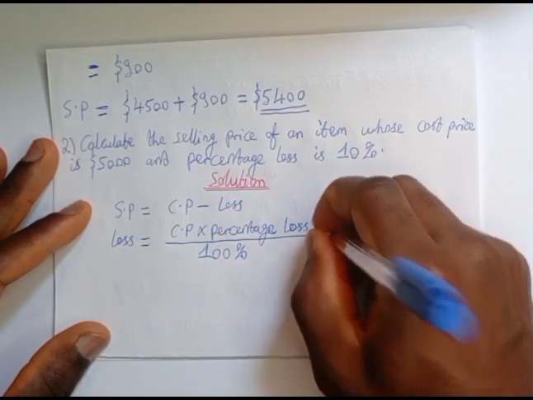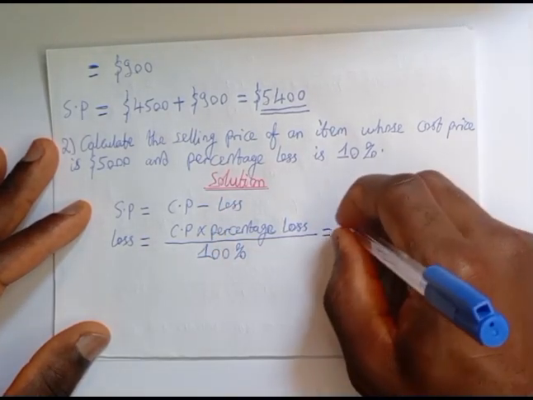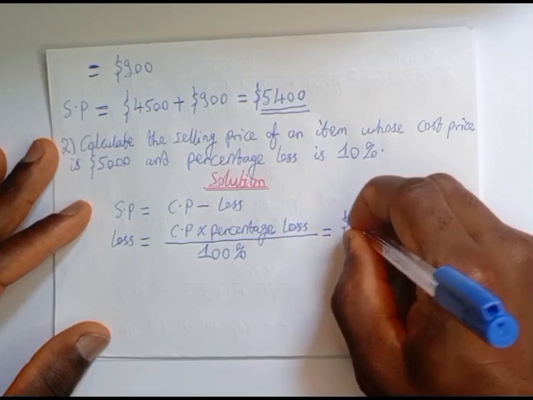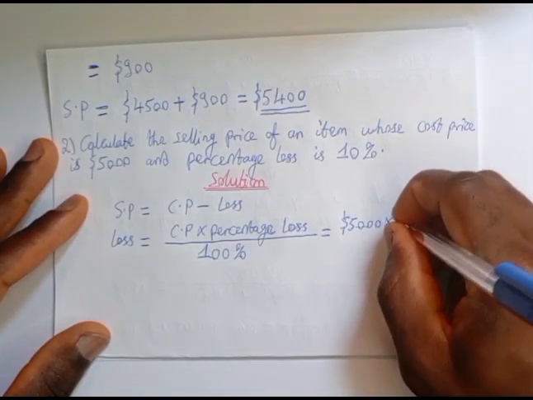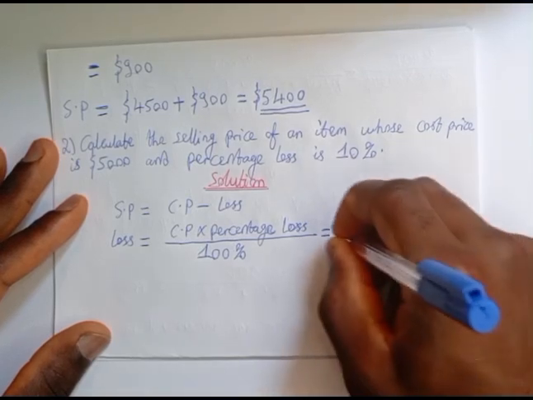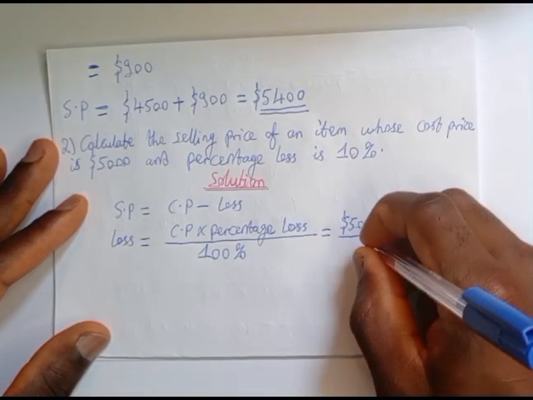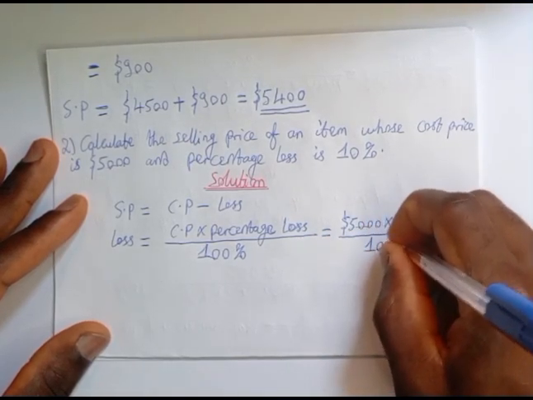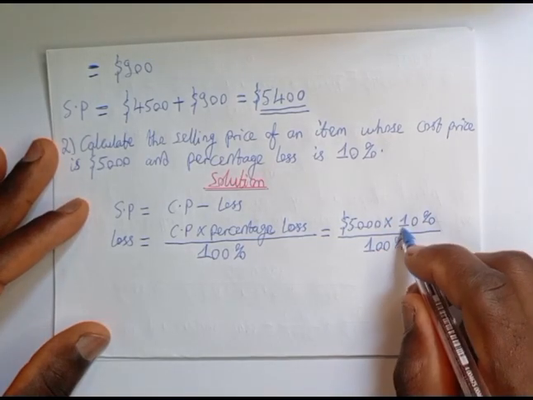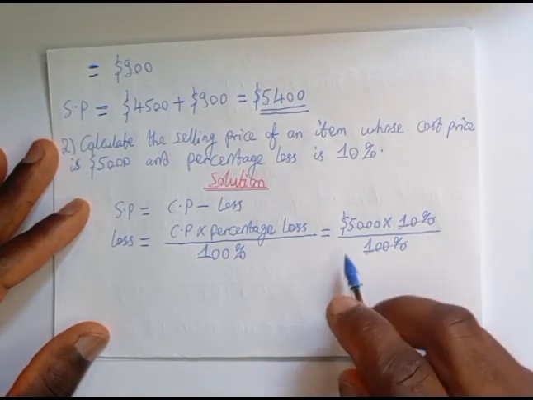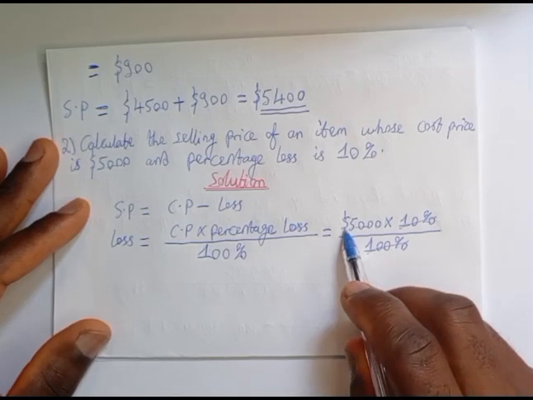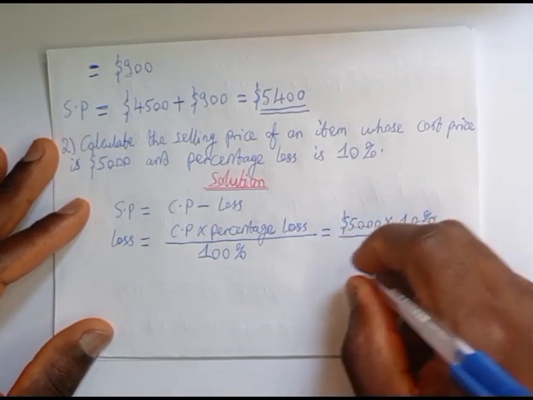This will simply be equal to the cost price, $5,000, times the percentage loss, which is 10%. Then we divide by 100%. 10% will go into 100% 10 times. $5,000 divided by 10 gives us $500.